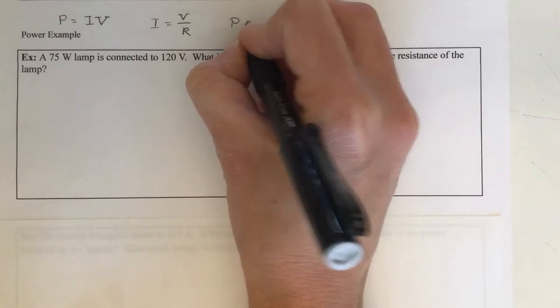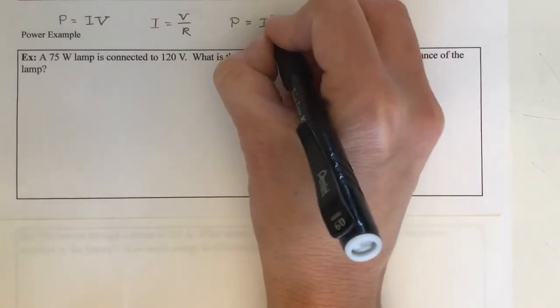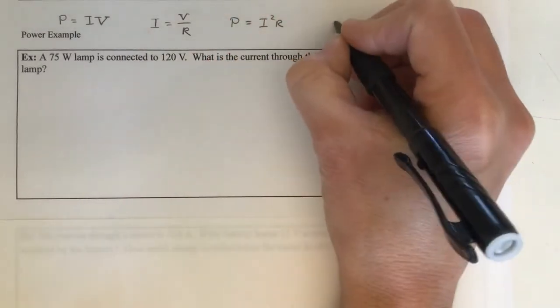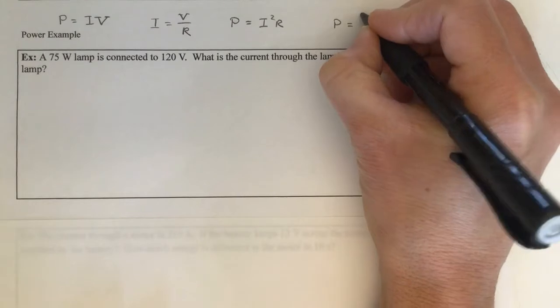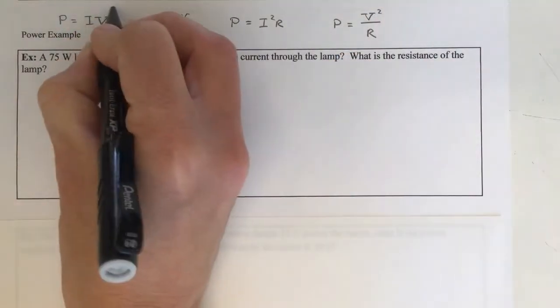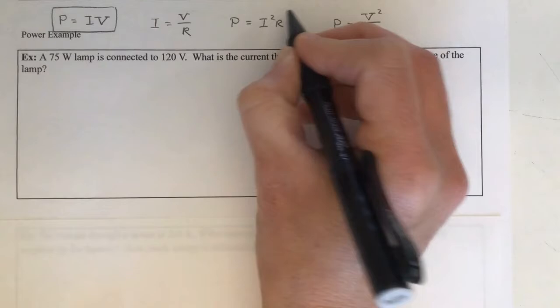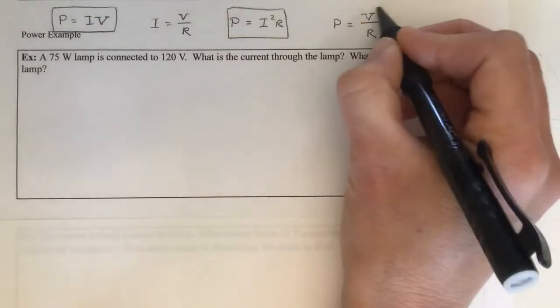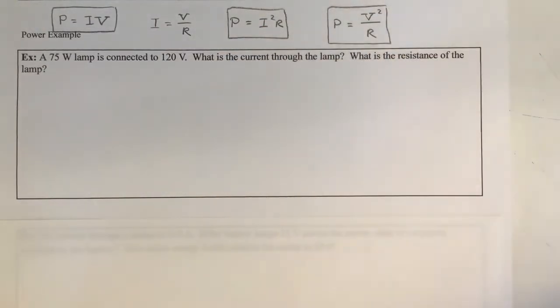We can have power is equal to I squared R, or power is equal to V squared divided by R. So those are our three equations that we can utilize for power. It just depends on what we know in the problem. So just identifying what variables you have.